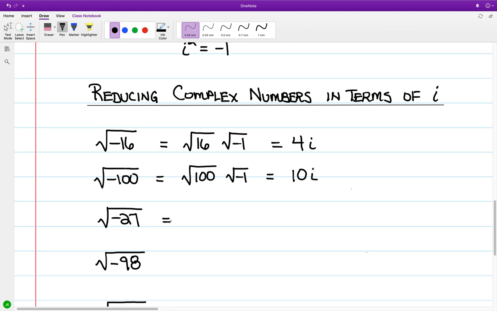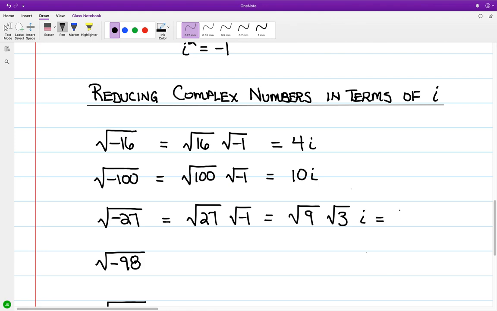Now, for the square root of -27, 27 is not a perfect square number, but it is nonetheless a value that can be reduced in the square root. The square root of 27 is reducible to the square root of 9 times the square root of 3, and the square root of -1 becomes i.